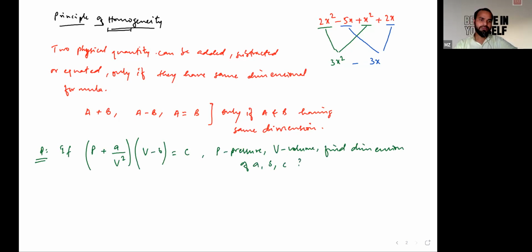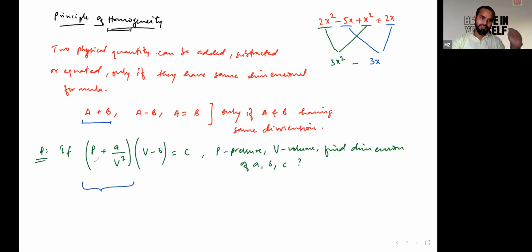So just see how to approach this problem. In the first bracket, we have two different terms. First one is P, and there is a plus sign in between, then A over V squared. According to this, what do we conclude about their dimension? If two physical quantities are related by a plus sign, minus sign, or equal sign, it means they have the same dimension formula.